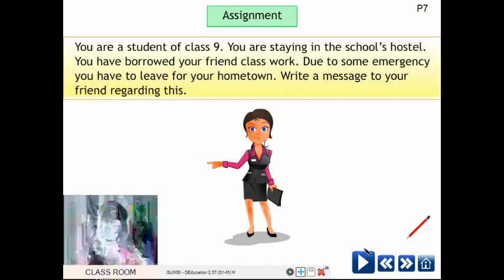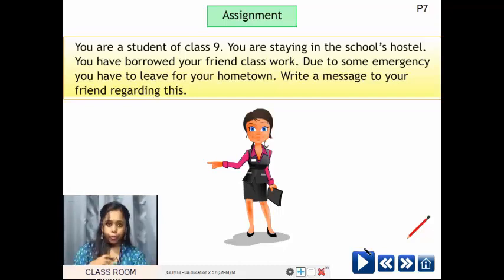So definitely your friend will need that classwork because you have borrowed it from her. It is necessary for her or him. But now you can't return that classwork to your friend because you will have to go to your hometown.